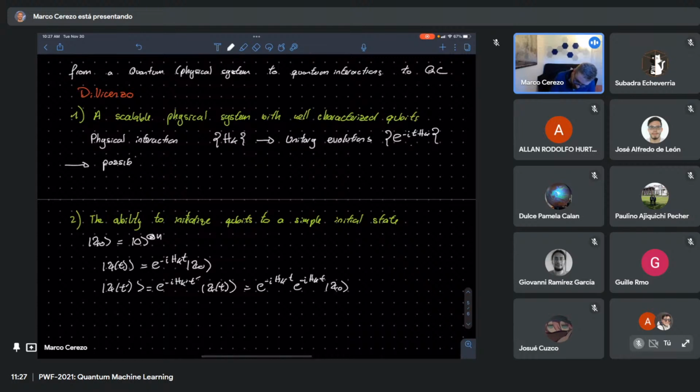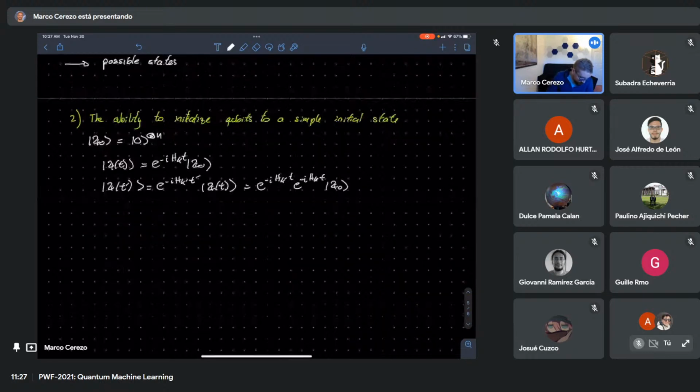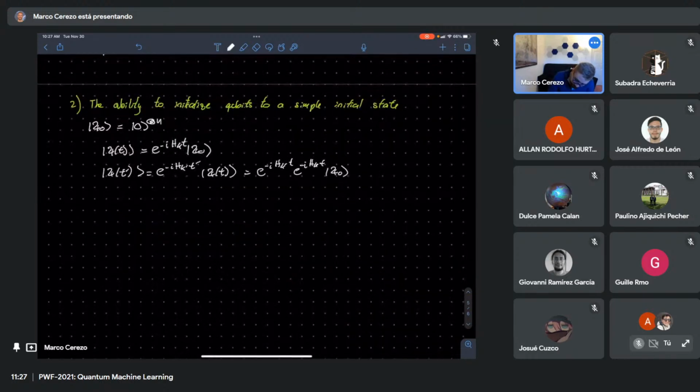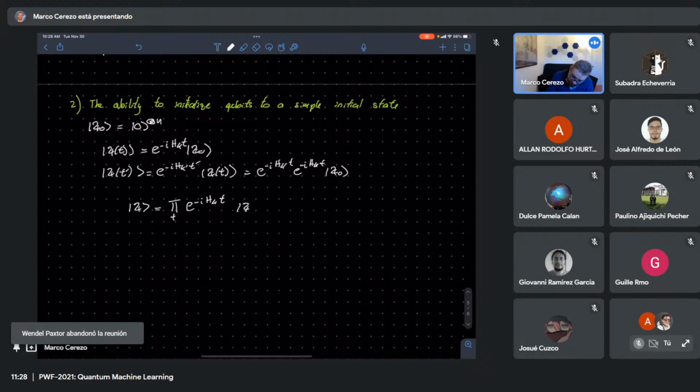And how do I know what are the possible states that I can get in my quantum computer? Well, because in general, the state of this quantum system, I can always express it as the product of a series of Hamiltonians that I have been evolving for a series of times, right? And I apply this to my initial state.